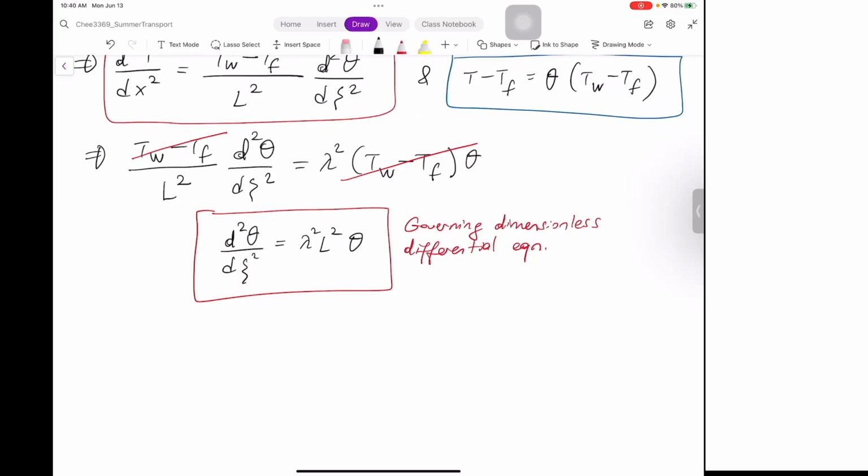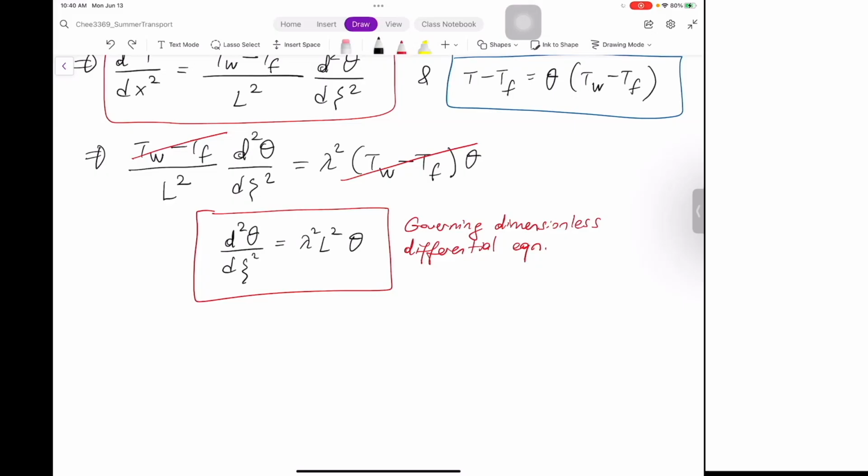So basically, this entire thing is dimensionless. This is dimensionless. This is dimensionless. But I know that the L has the dimensions of meters, so the lambda must have the dimensions of 1 over meters. So they cancel and they give you a dimensionless number there. But that's not a problem. You can just assume it as something like a constant.